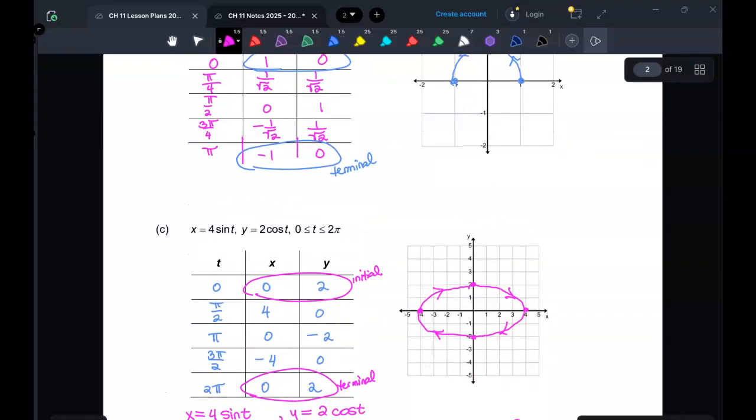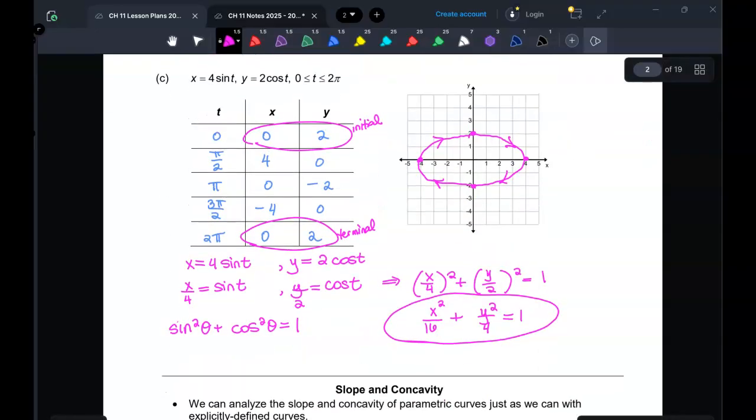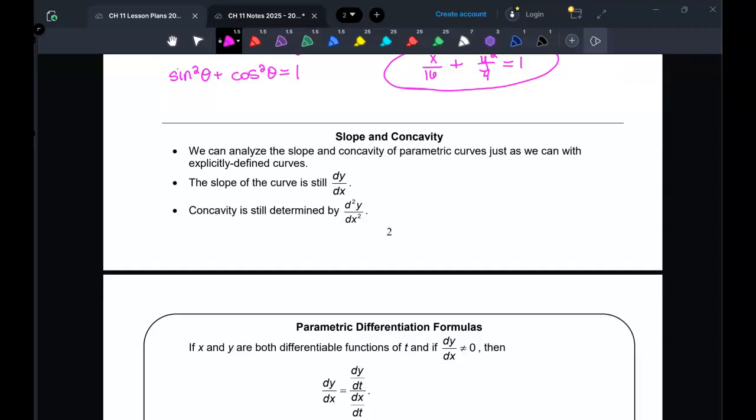This time I had to isolate sine of t by dividing by 4, and cosine t I had to divide by y, and then each of those terms squared has to be equal to 1. Just trust me, we'll do some more. Okay.